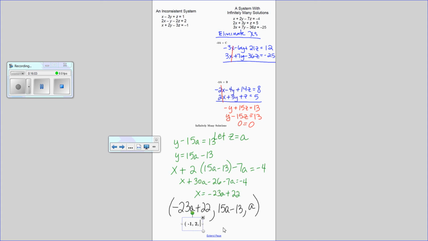And my z value equals a, which is 1. So negative 1, 2, 1 is one solution to this equation. Now say, for example, I wanted to use 0 for a. Then my solution to my equation would be 22, comma, negative 13, comma, 0. If you try either of those, you can find they work for the system of equations.